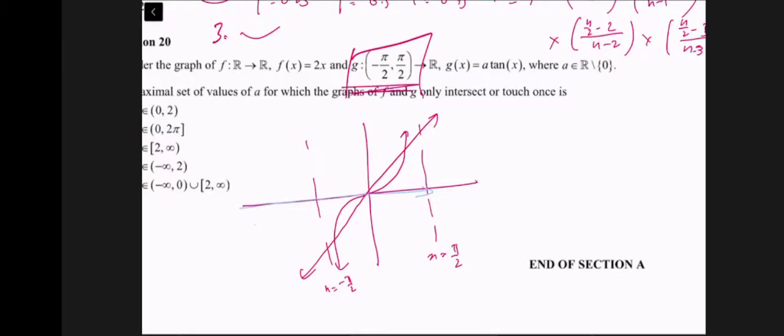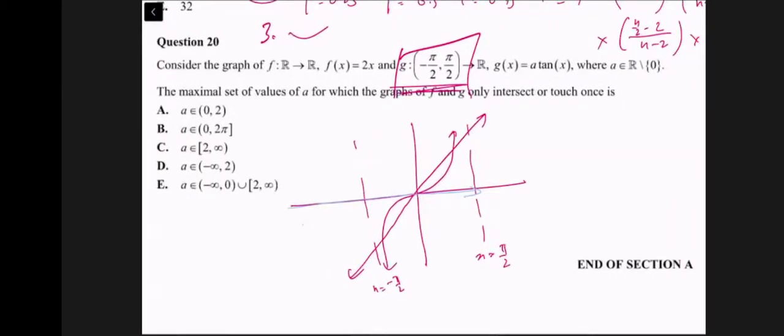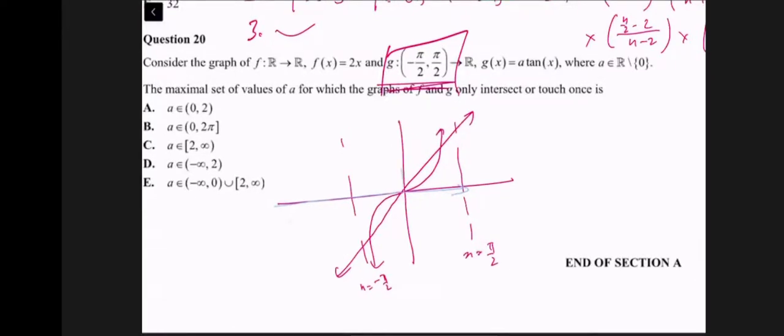So either here, or your graph is so high that it doesn't intersect. If your line is anywhere from here, the only intersection will be the origin.